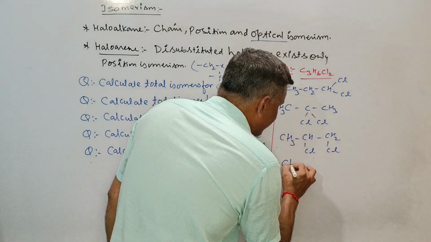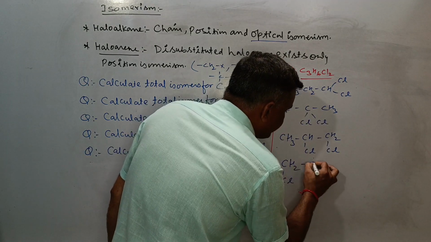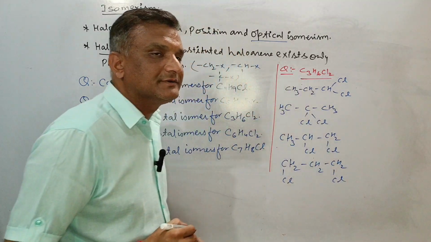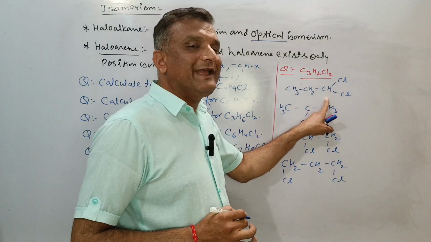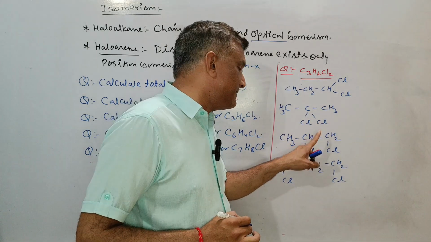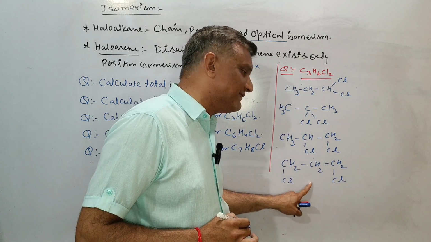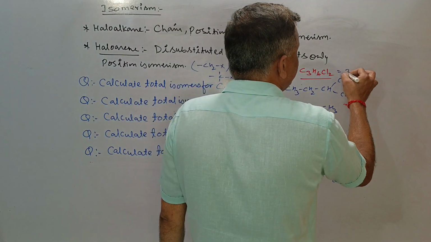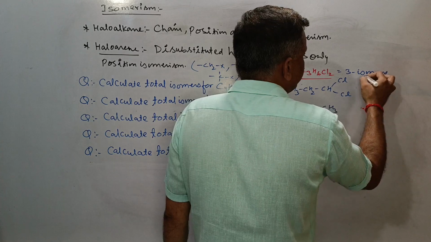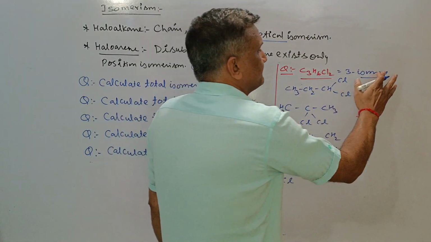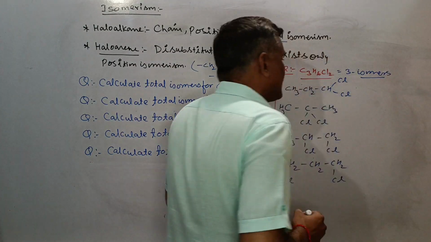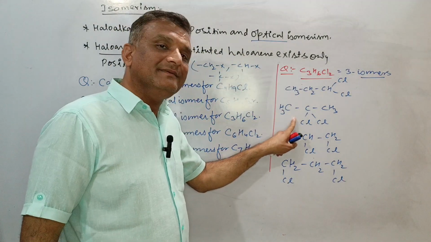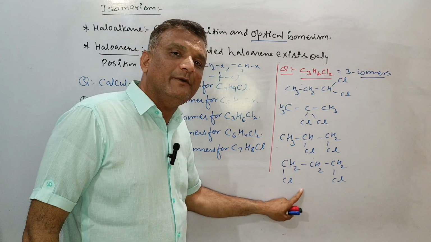And final is your alpha omega dihalide, as follows. So this is 1,1-dichloropropane, this is 2,2-dichloropropane, this is 1,2-dichloropropane, and this is 1,3-dichloropropane. So here there will be 4 isomers for this question. So this was about C3H6Cl2. 2 of geminal, 1 of the vicinal and 1 of the alpha omega dihalide.